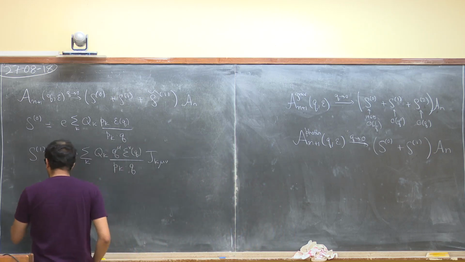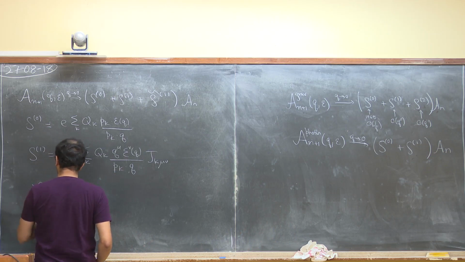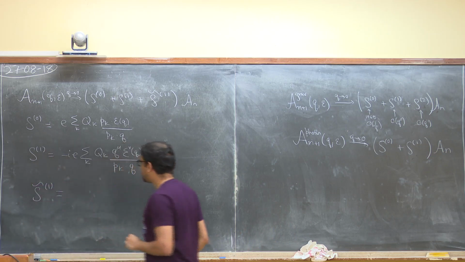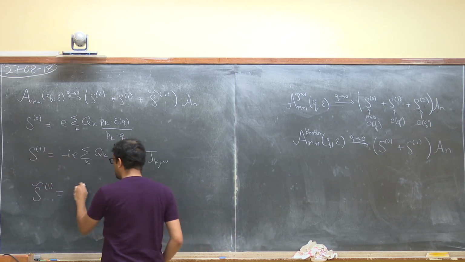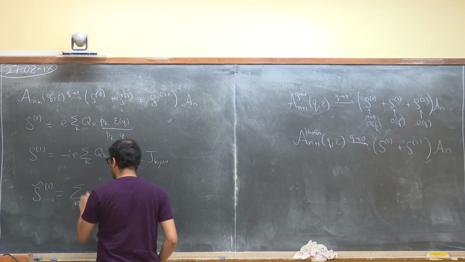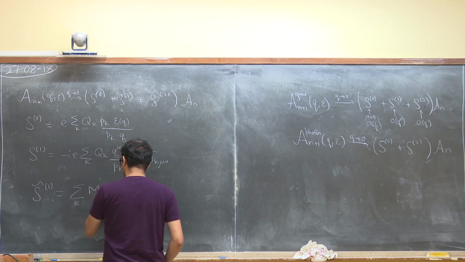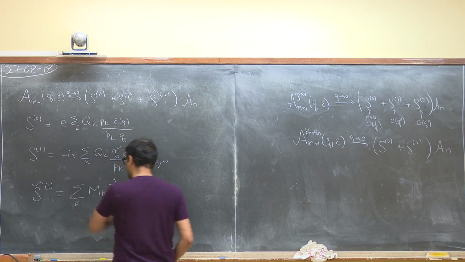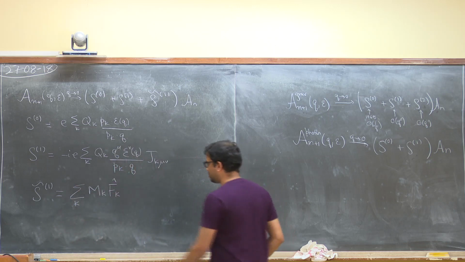But then Elvang told us something more, which is that in complete generality, you can also have this extra term, which always has the following form. Let me write out what this form is.